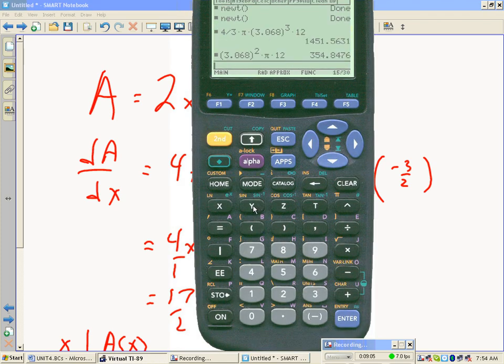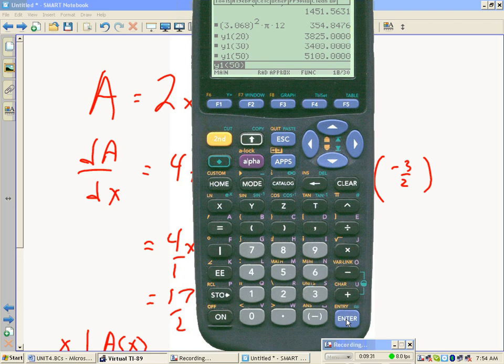So what's y1 of 20? Okay. What's y1 of 30? And what's y1 of, what, 50? So do you see an absolute max?